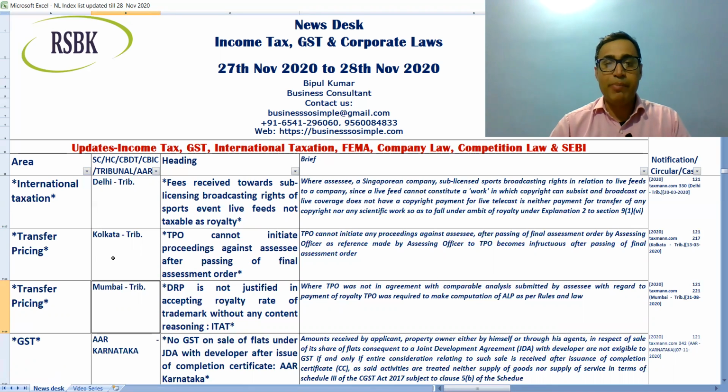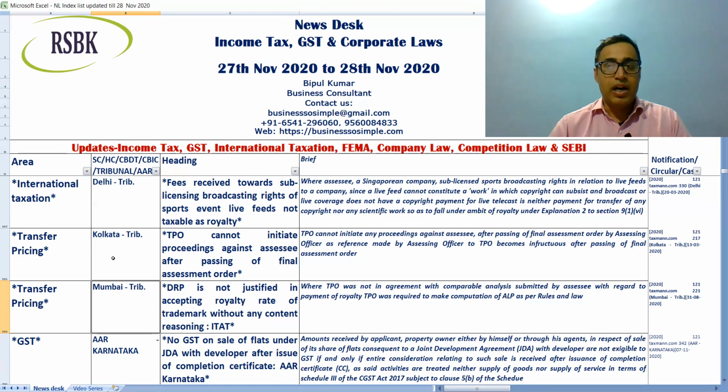Where the assessee is a Singaporean company that sub-licenses sports broadcasting rights in relation to live feeds to a company, since a live feed cannot constitute a work in which copyright can subsist, and broadcast or live coverage does not have a copyright, payment for live telecast is neither payment for transfer of any copyright nor any scientific work so as to fall under the ambit of royalty under Explanation 2 of Section 9(1)(vi).